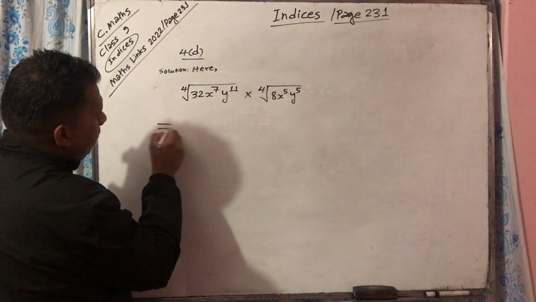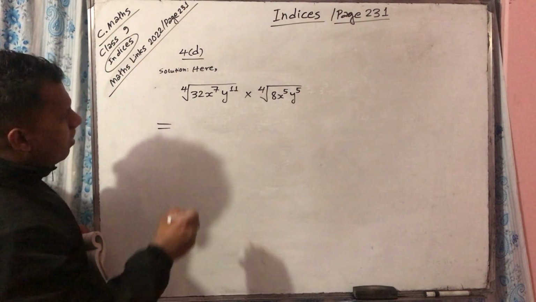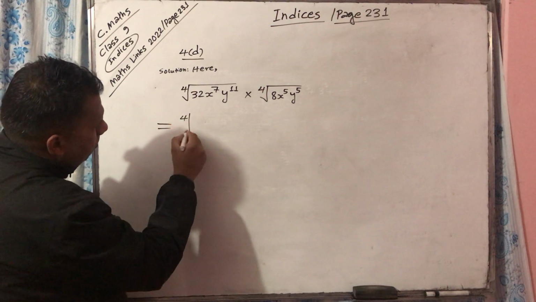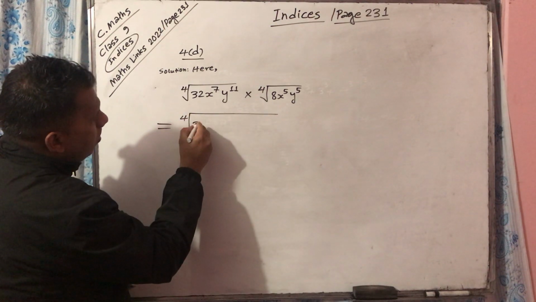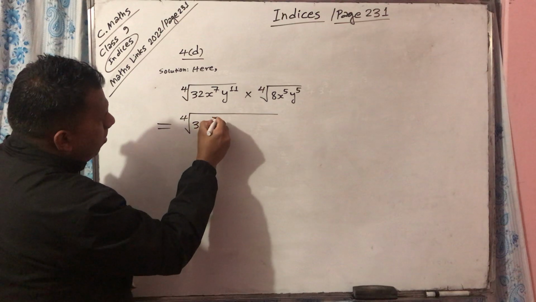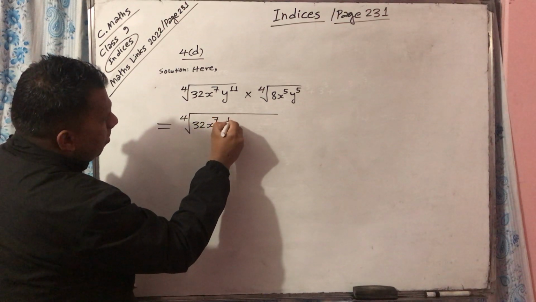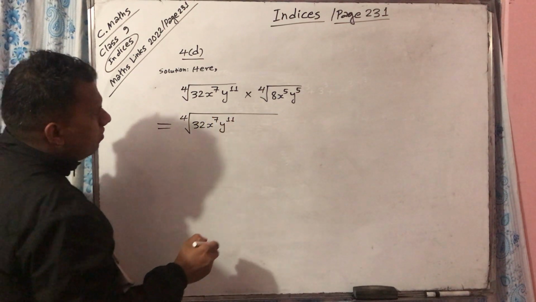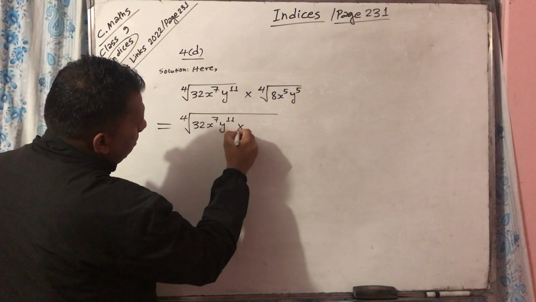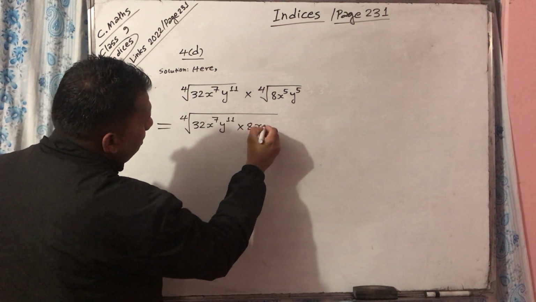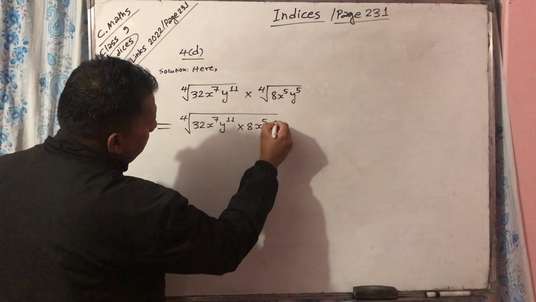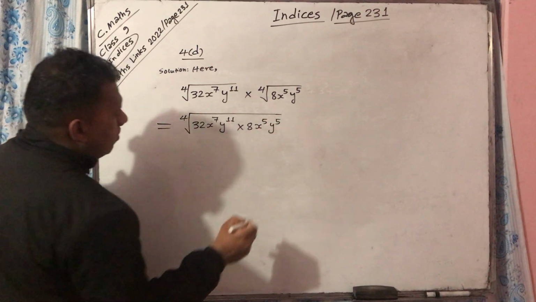Since the order is the same, so putting in the single root. Fourth root of 32 x to the power 7 y to the power 11, multiplied with 8 x to the power 5 y to the power 5.